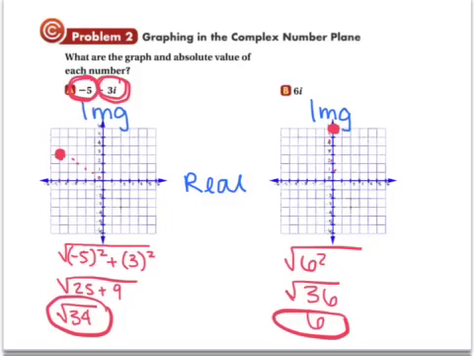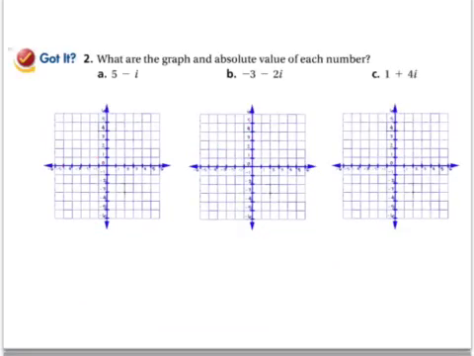Okay, let's try it. We have to graph and find the absolute value. So, remember, horizontal is your real axis, vertical is the imaginary. So, 5 is the real part of this complex number. You go to 5. And then you have negative i. So, negative 1 is the imaginary part of this complex number.